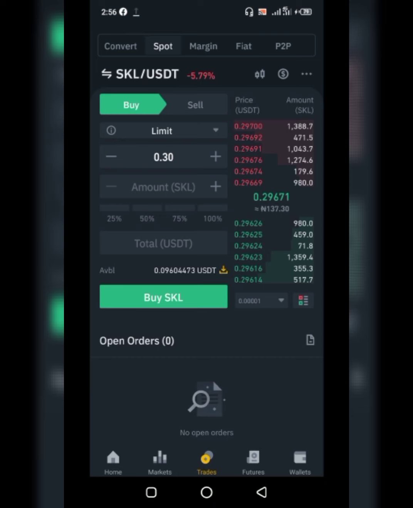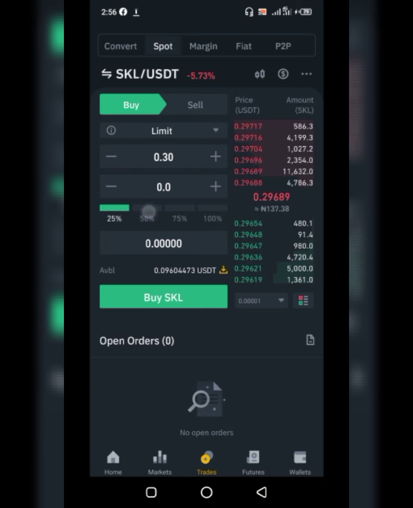It's talking about your trading fee, the total amount of coin that you want to use to trade. If you select 25, it's simply indicating that you should take 25% of the current amount of USDT that you have and use it to trade. That is what you are indicating now.